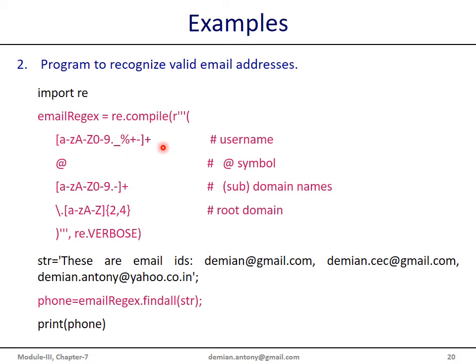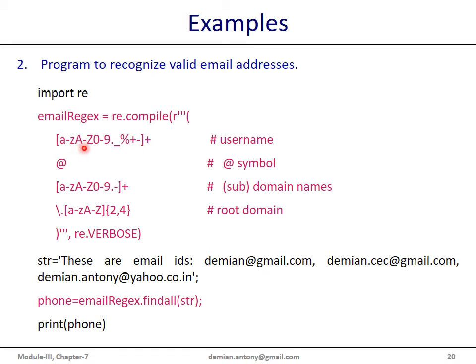This is to recognize the username with all the letters. What we have done here is the first sub pattern. We have created a character class. Okay, you can see here the plus symbol. One of these characters will appear at least once, that is one or more number of times.